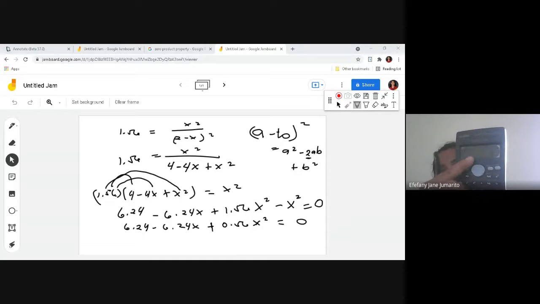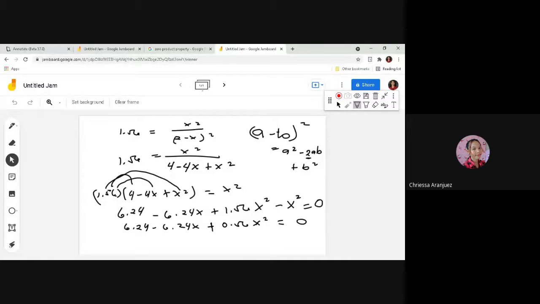Okay, so we are asked for the value of a. What is the value of a in our equation? 0.56x squared.